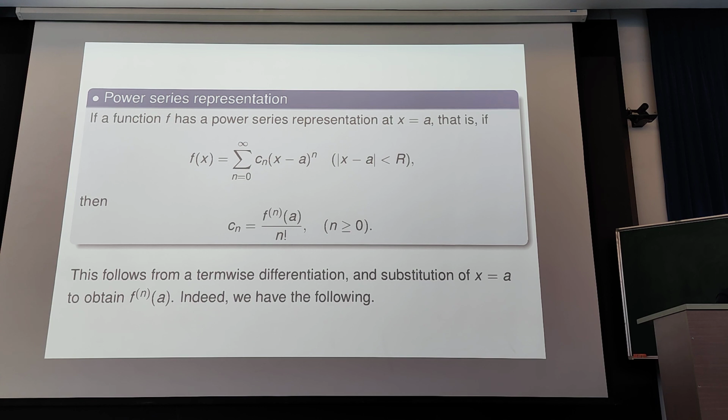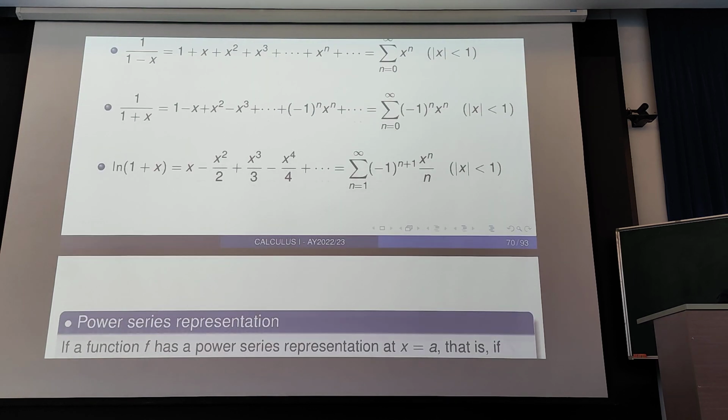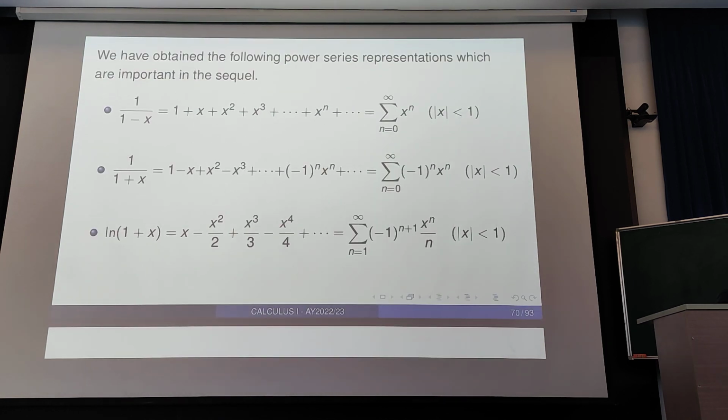So you can see this theorem. Suppose the function f has a power series representation at x equal to a. You can see here we already have three examples of function f which have a power series representation.